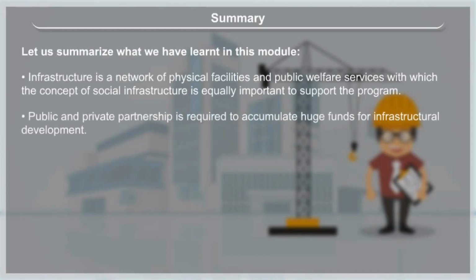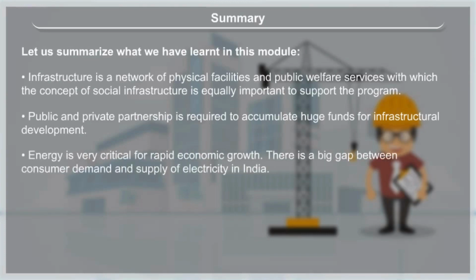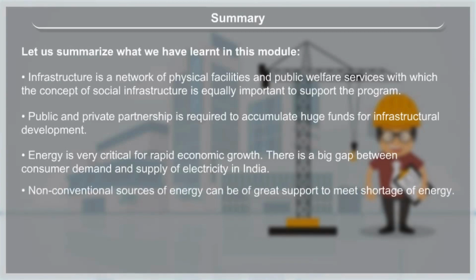Public and private partnership is required to accumulate huge funds for infrastructural development. Energy is very critical for rapid economic growth. There is a big gap between consumer demand and supply of electricity in India. Non-conventional sources of energy can be of great support to meet the shortage of energy.